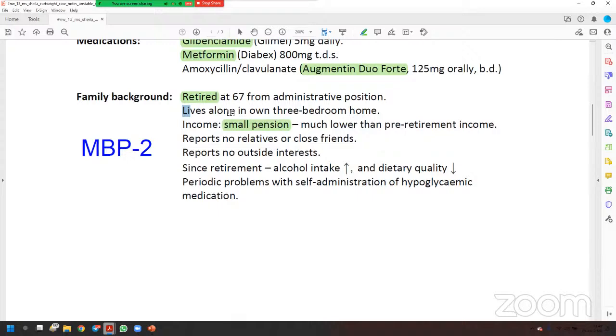She's all alone. Nobody to bother about her. So you can write about that. And income is decreased since retirement. She lives on a pension and she has no interests. She has no activities. She is not participating in any activities. So that is what you can write about herself.